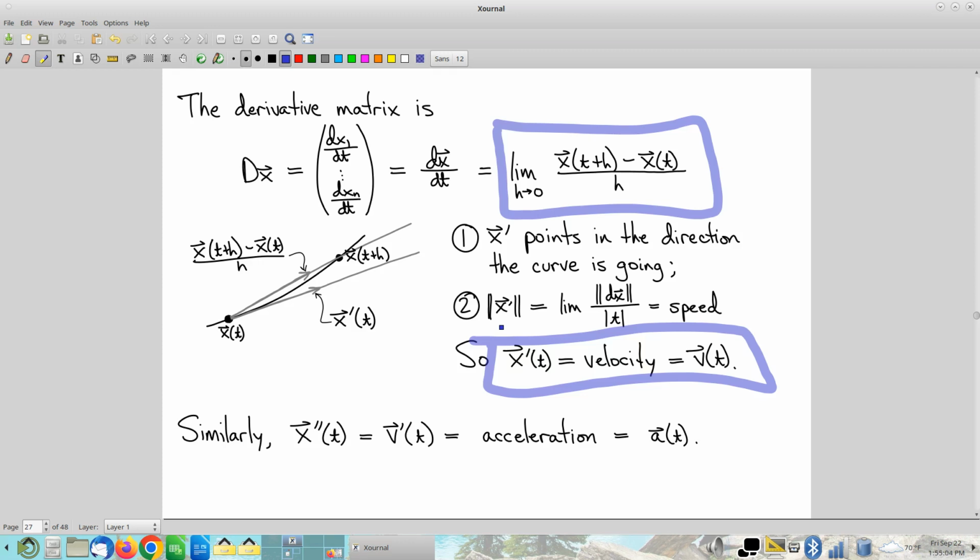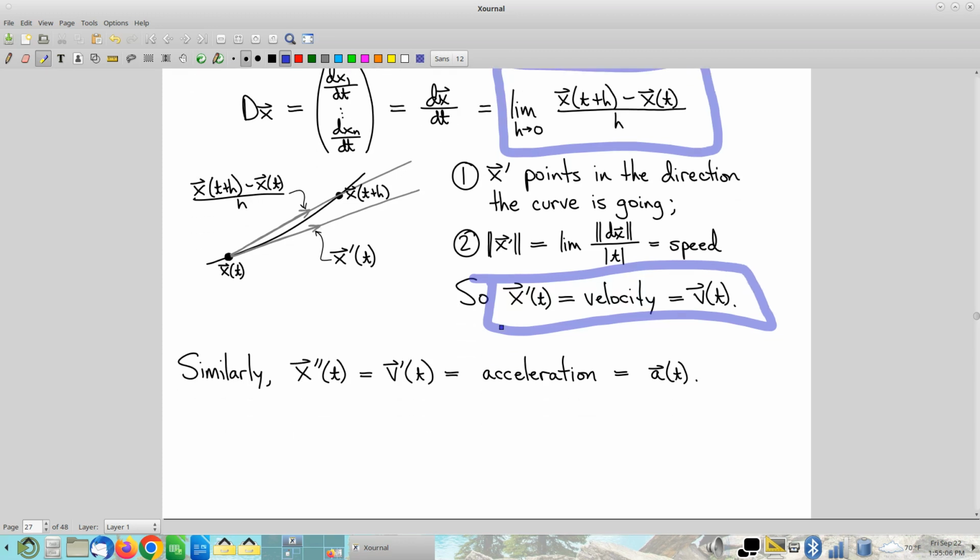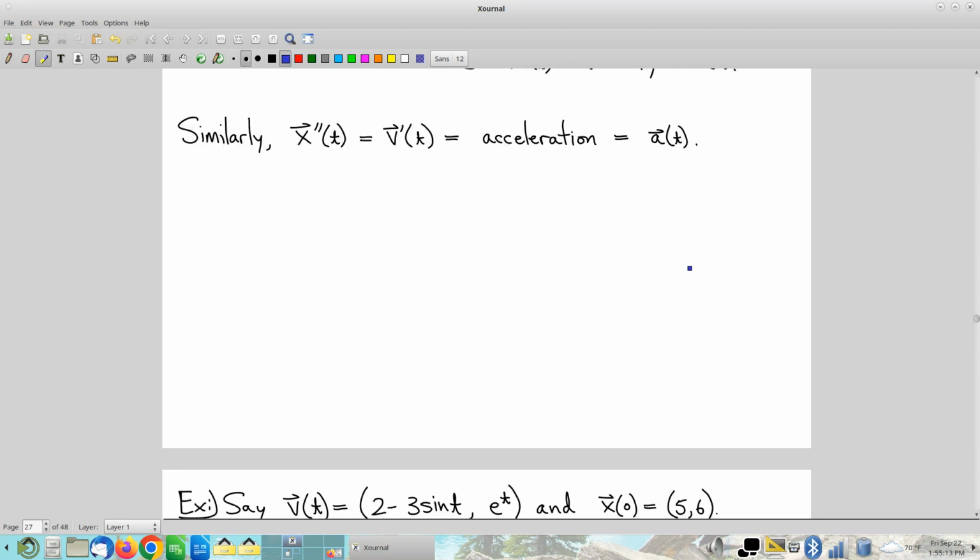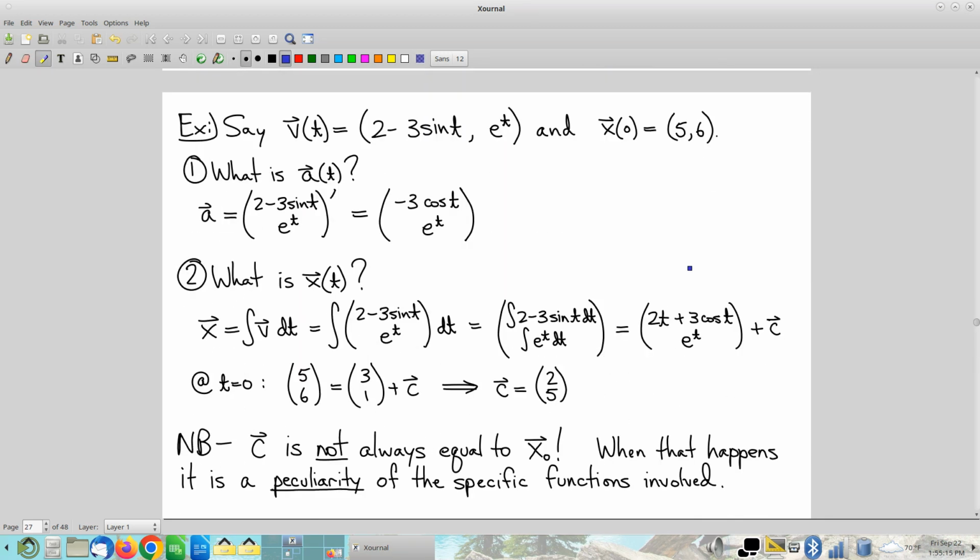All right. Okay. Likewise, the second derivative is acceleration, another familiar old physics concept. Okay, so that's going to allow us to answer this example question here. There is a parametric curve that we're interested in, but we are not given the parametric curve. We're given the velocity. And given the velocity, how do I conclude?